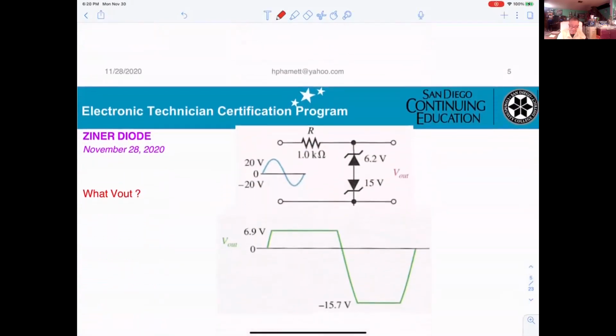This is also they given you another example, but you're working on that to guarantee you can get 6.9 volt for positive cycle, and you get -15 volt 0.7 for negative cycle.